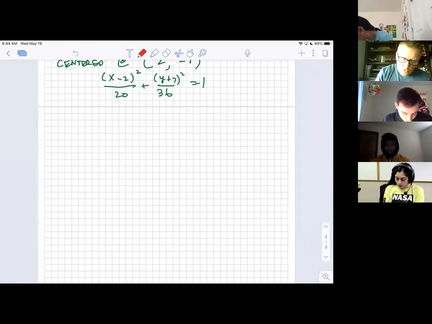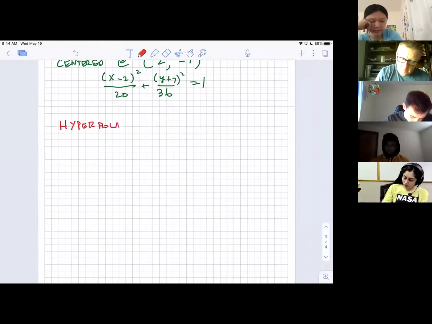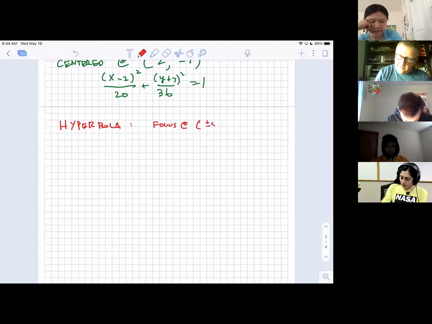What if I said, let's find a hyperbola? Let's spell hyperbola with a Y in it like it's supposed to be. And let's do something similar to a second ago and see if we can survive this. Say I told you the focus of this is at ±5, 0.